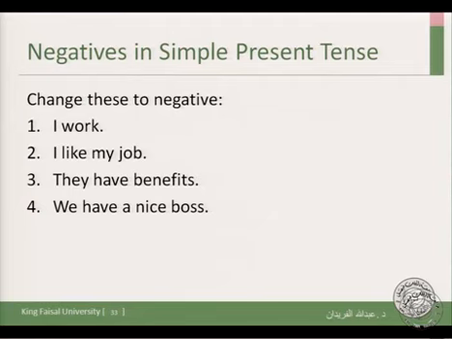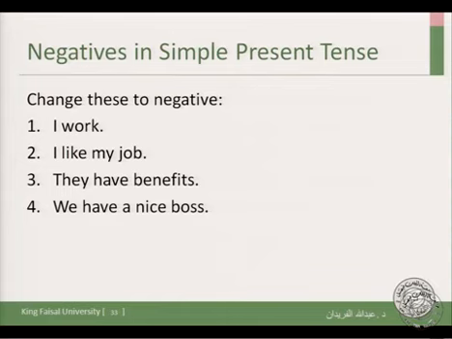How do we change these into negative? You studied this in general English, but let's repeat them to refresh your mind and to warm you up for the coming units and subjects. We have I work. It becomes I do not work.